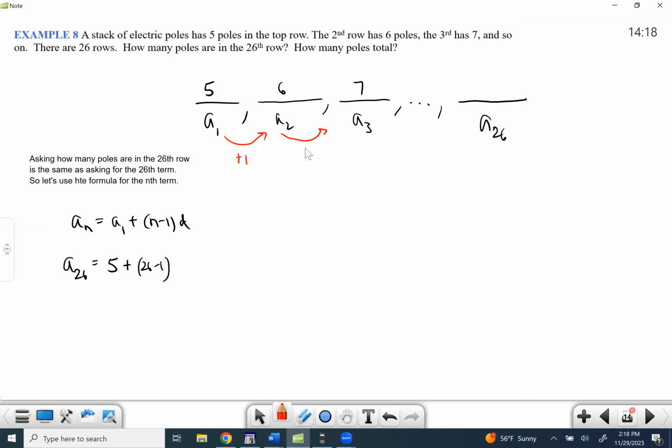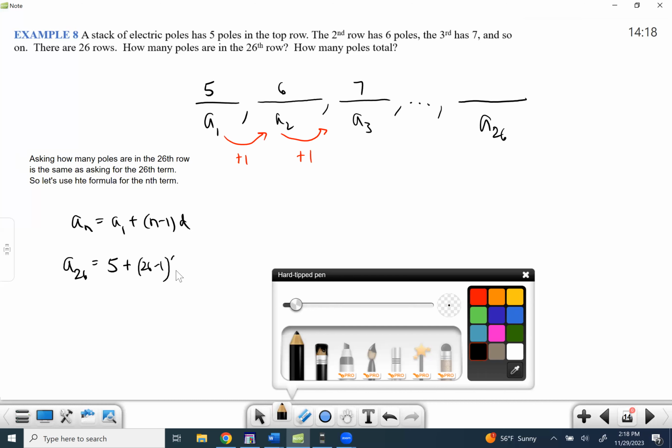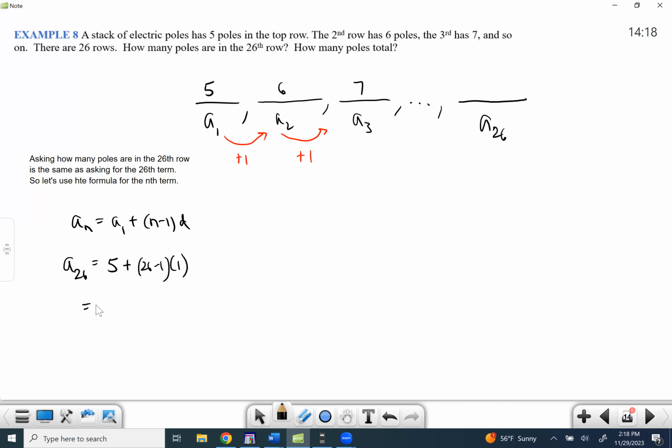We're adding another pole in each row. So our common difference is going to be 1. So we have 5 plus 25 times 1. So in other words, we have 5 plus 25. So it looks like there's going to be 30 poles in the 26th row. Let me just stare at that and make sure I did everything okay here. Looks good. All right, cool. So we got the 30.